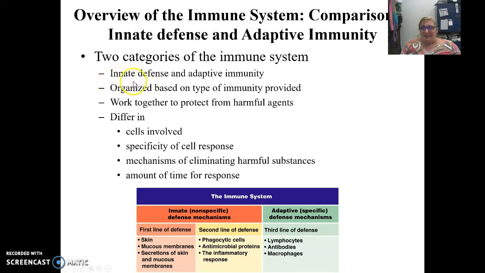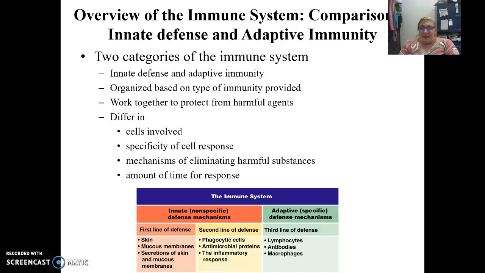So innate is just a defense, and our nonspecific or innate defenses protect us from a lot of potential dangerous invaders, but they don't give us memory. They don't remember the invader, and so they're not going to be able to fight off the infection before it occurs, if that makes sense.